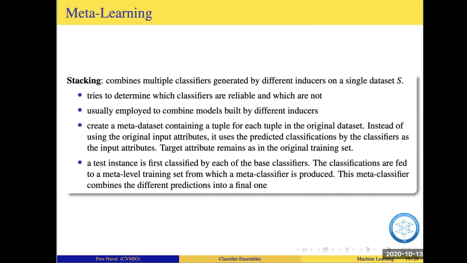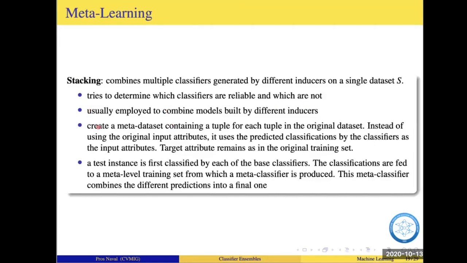Meta learning, we won't talk about this much. Suffice it to say that one method involves stacking, which basically combines multiple classifiers generated by different inducers on a single dataset S. Here, the procedure tries to determine which classifiers are reliable and which are not.